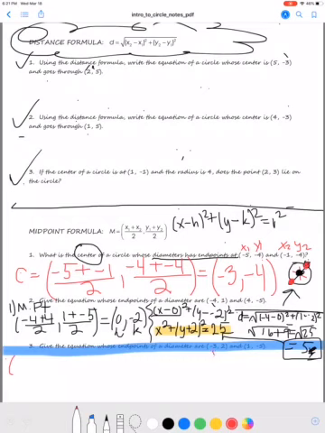So I'm going to plug in x1, y1, x2, y2. Plug that in to my midpoint formula. Negative 3 plus 1 over 2. 3 plus 1 is negative 2.